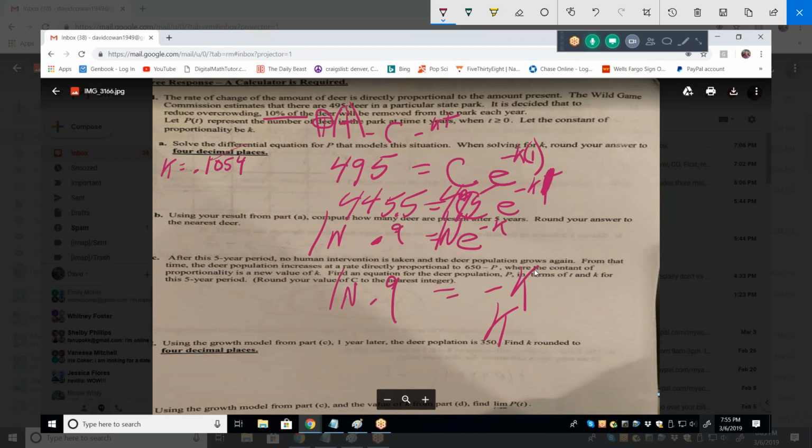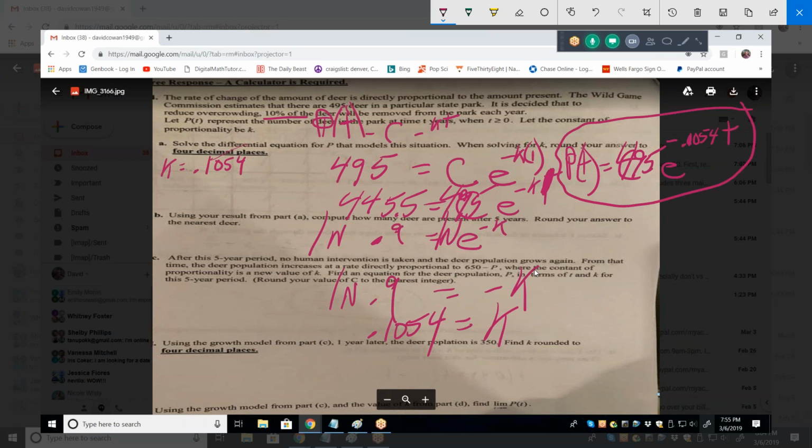That's how he gets k of 0.1054. So his solution for part A is P of t equals 495 times e to the negative 0.1054 times t. So this is his answer to A, I presume.